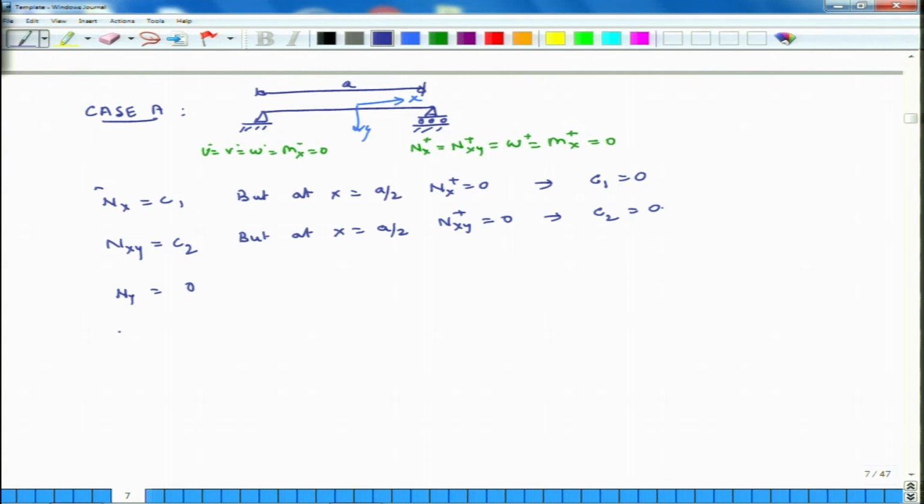And finally, we have mx. The relation is mx equals minus qx square over 2 plus C3x plus C4.